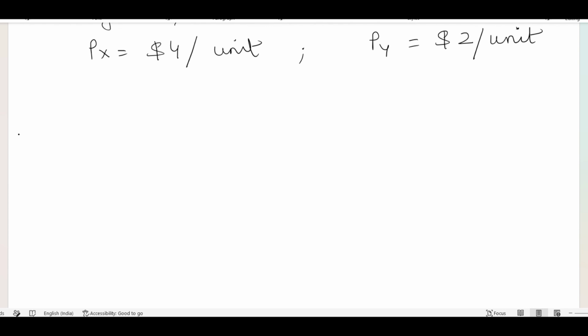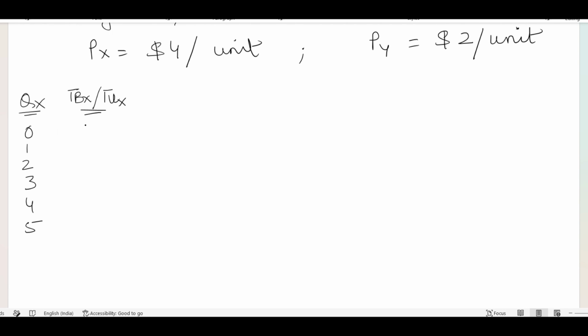And I have also given you the quantity of X that she consumes: 0, 1, 2, 3, 4, and 5. And I have also given you the total benefit she gets from good X, or the total utility. I told you they both mean the same, that's one and the same thing.